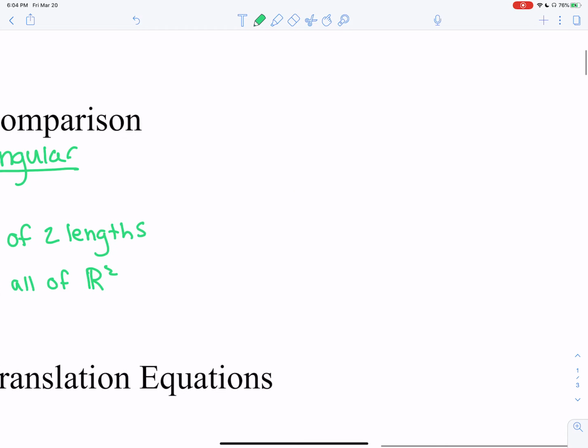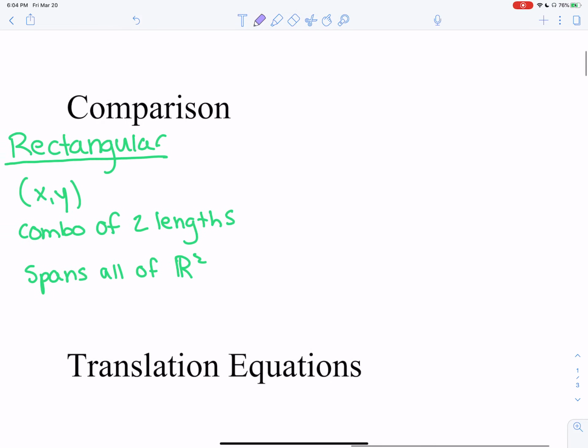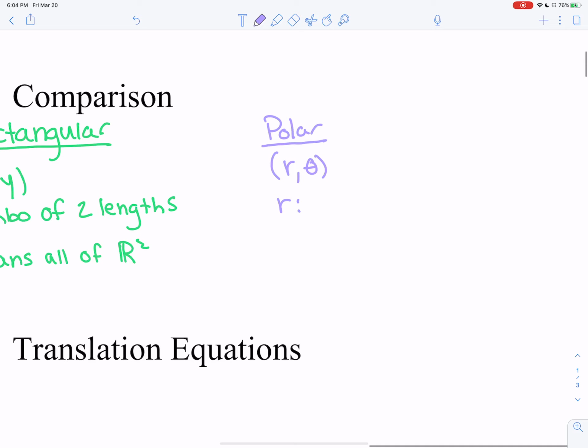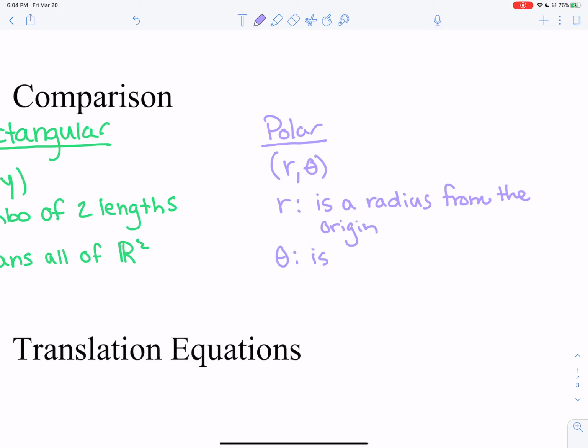Similarly, we have the polar coordinate system. The variables that we use for that are not x and y, but rather r and theta. R is a radius from the origin, and theta is an angle.